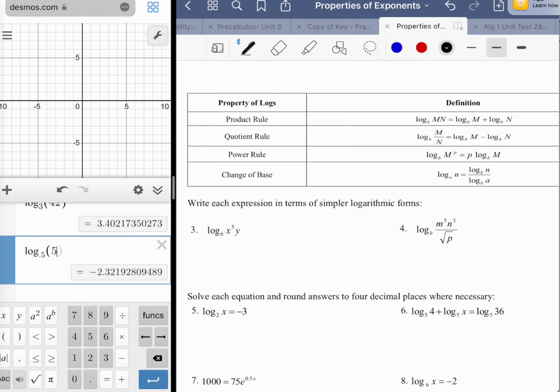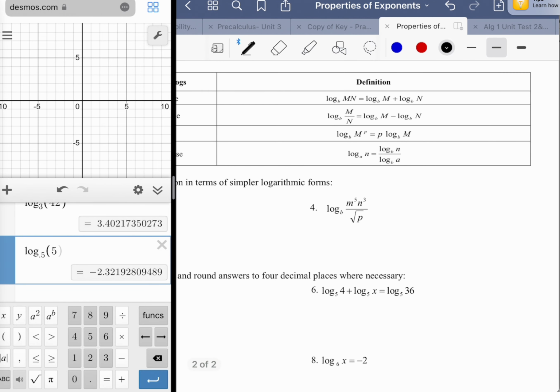But in terms of just getting it into a simpler logarithmic form, there's really a significant value in that. If I tell you, for example, and I'll just keep it simple here, and I'll throw it off on the side just so you get a sense of where this is going: find the derivative of the function f of x is equal to the natural log of 2x squared over x plus 3.